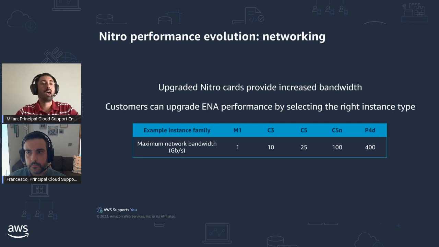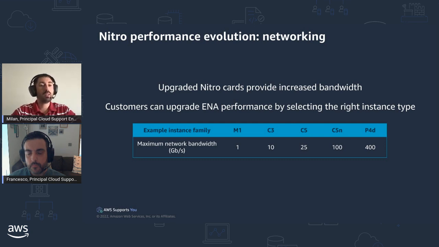The original instance family M1 had a maximum bandwidth of 1 gigabit per second, which at the time was a lot. But our customers' appetite has grown and their environments became more complex, so we were innovating in order to keep pace with the rapid changes in customer requirements. The first instance type which introduced enhanced networking was C3, and it provided up to 10 gigabits per second.